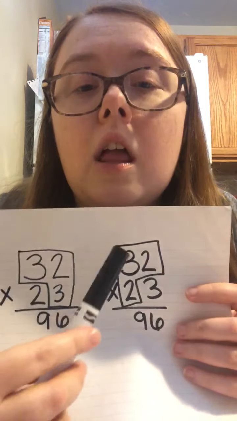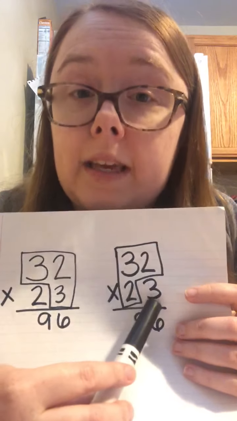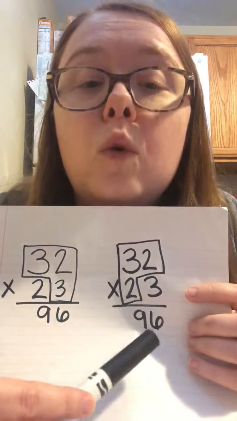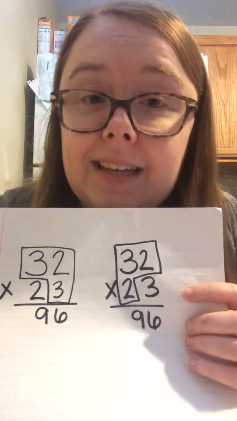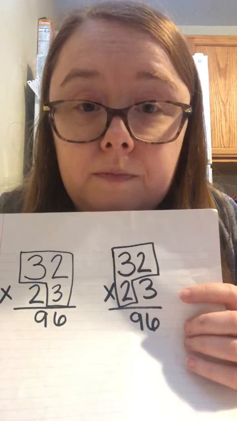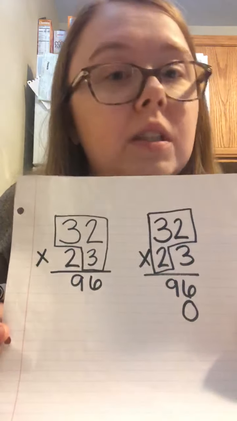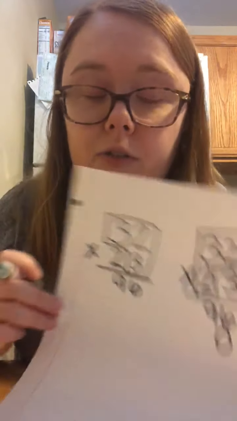I'm looking here. So I have 32 times, not just 2, but 20 since it's in the tens place, which is why I need to first start my second line by putting a 0 since I'm multiplying 32 by 20. So I'm going to put that 0 there.